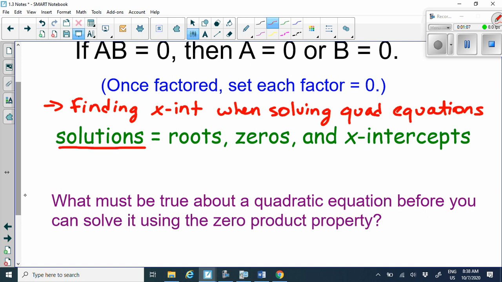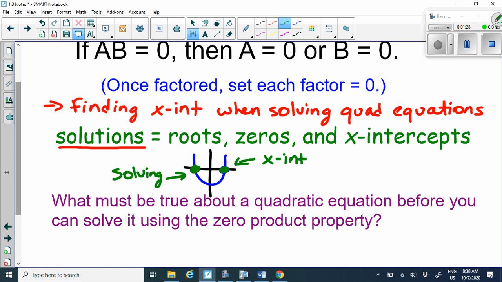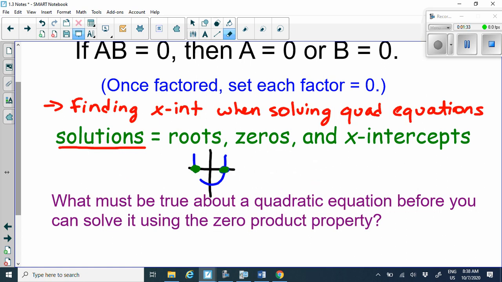So if I had my graph, I have my quadratic, here are my x-intercepts, and you're solving for them. So that's basically what we are doing whenever we solve any quadratic equation. And later on, you'll see that we will be solving in different ways.